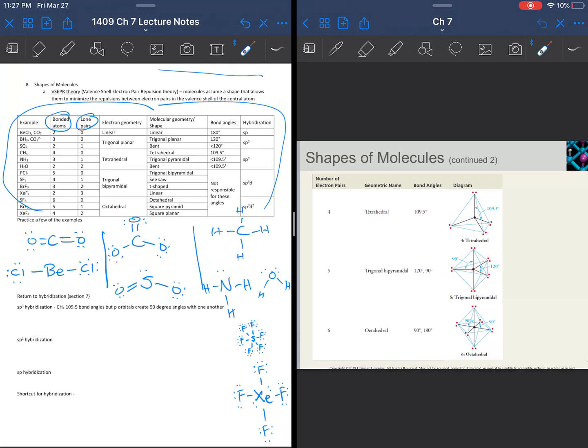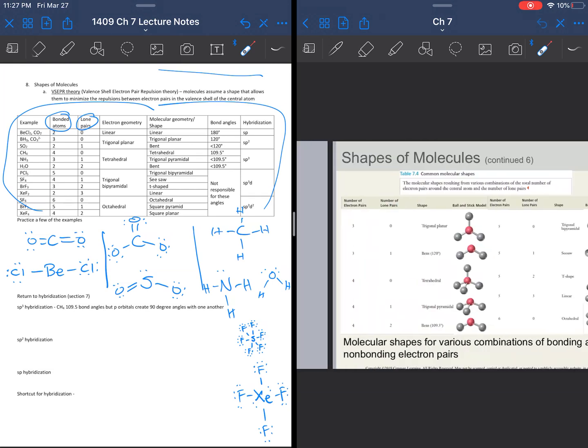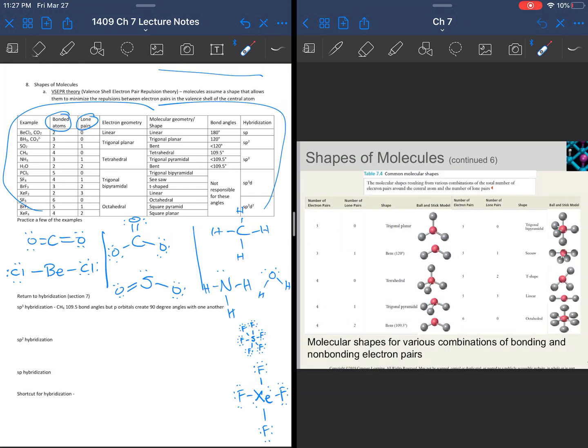So you have like a trigonal planar in the middle and then like a little top and bottom. It's a trigonal pyramid, but then there's another one on the bottom. With octahedral, you have 90 and 180 degrees, but I'm not expecting you to know those. I do expect you to know these shapes, though, these molecular geometries.